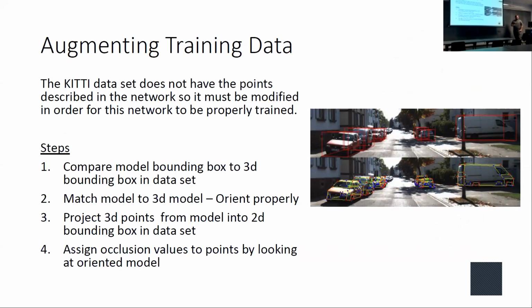So they augment all of their training data. They do this by taking CAD models which have predetermined points. They look at the data set, which they use KITTI for theirs. It's actually doing very well on KITTI right now. They compare the bounding box in size, length, width, and height to all of their CAD data and find the closest one that matches. They then orient the actual points in the CAD data and project it onto the 2D plane so we can get the area onto the 2D bounding box that's in KITTI.